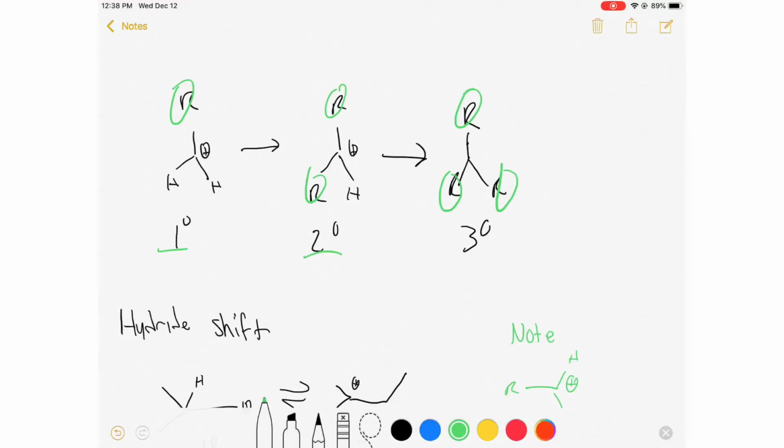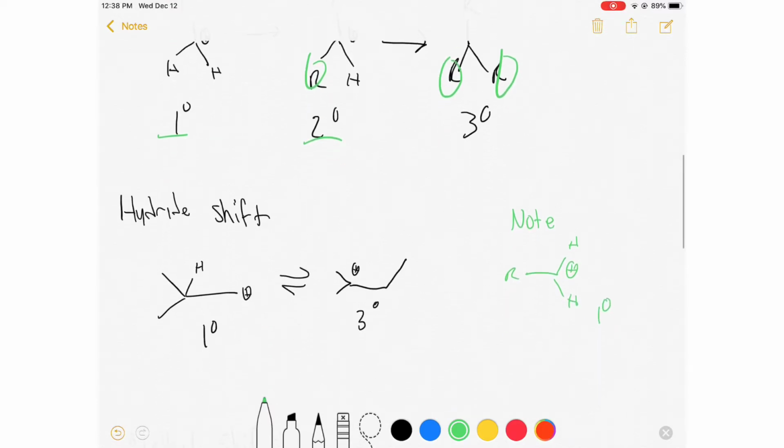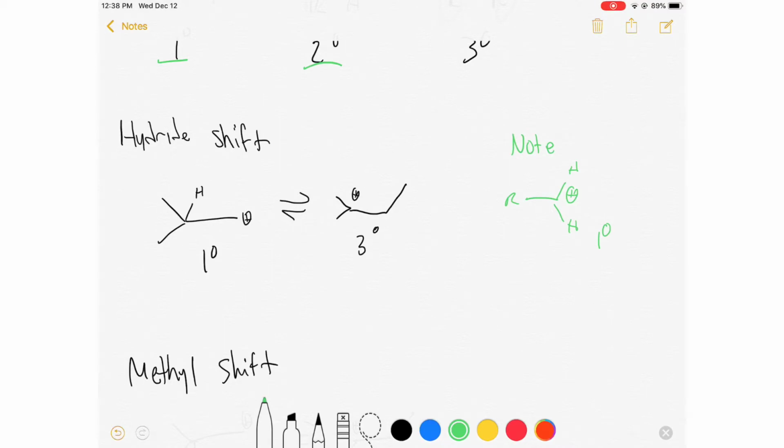So one more thing we need to know is how we can make carbocation rearrangement happen. We can use either a hydride shift or a methyl shift. But first, we'll take a look at the hydride shift. We can see here in this example where the carbocation is originally.